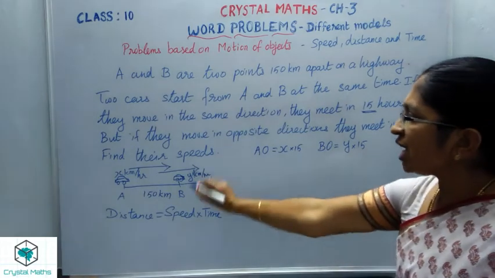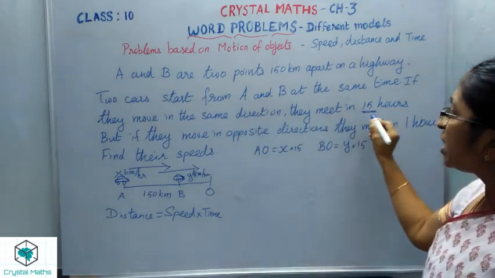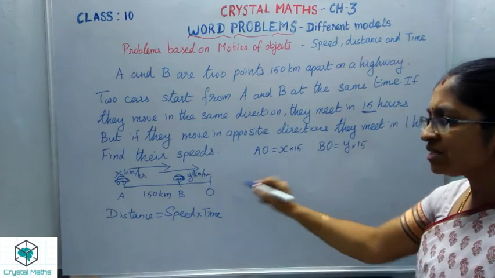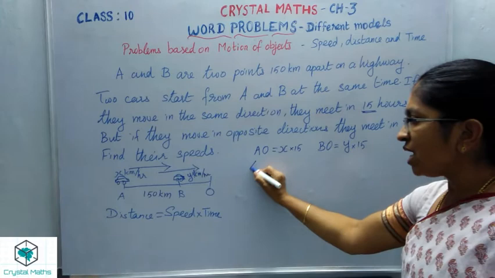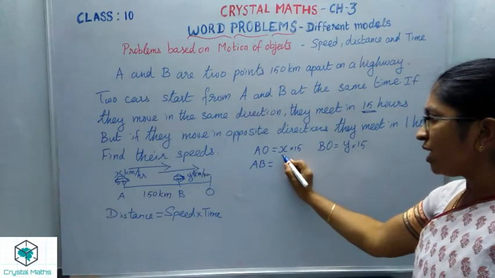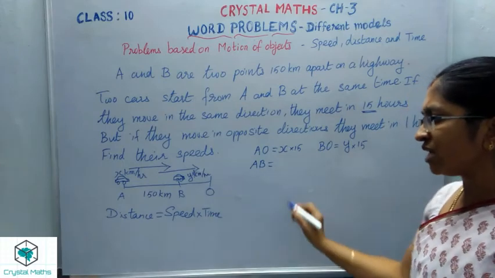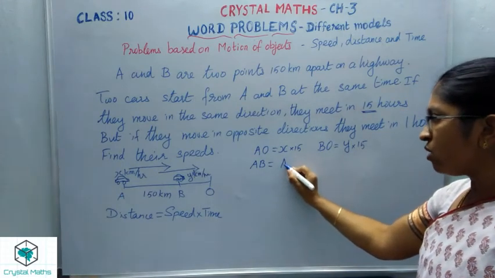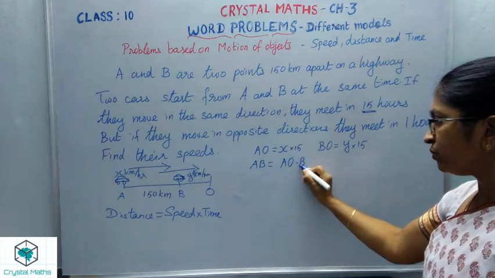Then they gave the clue: 150 kilometers is the distance between them, that is AB equals 150 kilometers. According to the diagram, AB will be equal to AO minus BO.